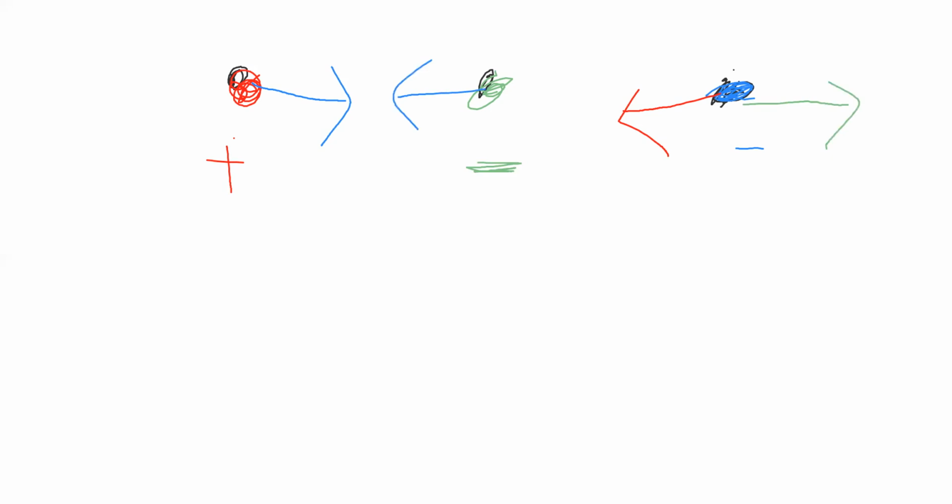In between the green and the red charges, the red charge is also going to be attracted to the green charge. So the green is going to exert an attractive force on red, and the red is going to exert an attractive force on green.